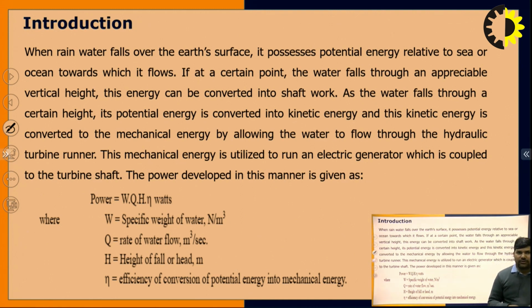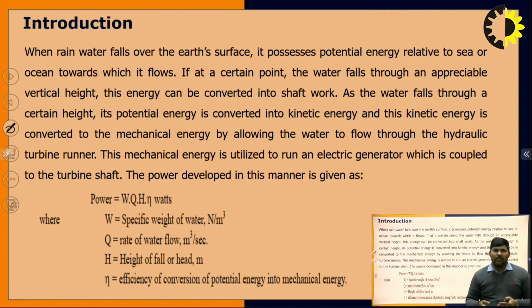As the water falls through the height, the potential energy is converted into kinetic energy, and the kinetic energy is converted to mechanical energy by allowing the water to flow through the hydraulic turbine to the runner. This mechanical energy is utilized to run an electric generator coupled to the turbine shaft.